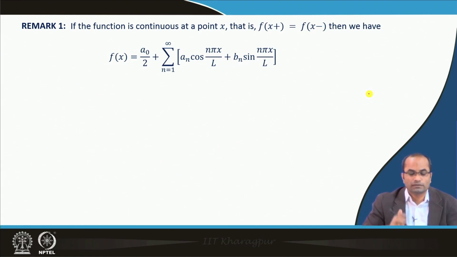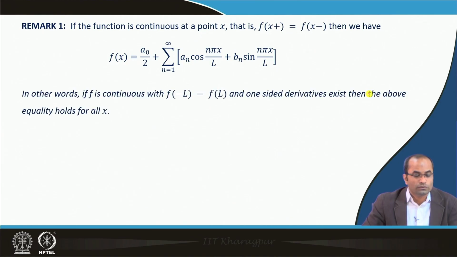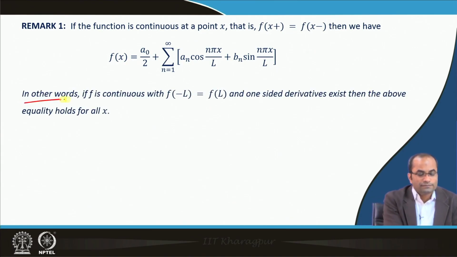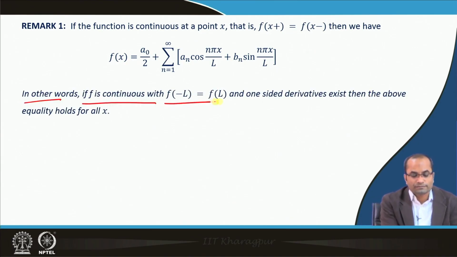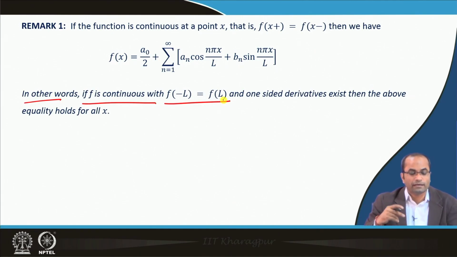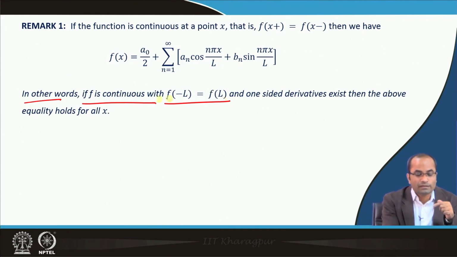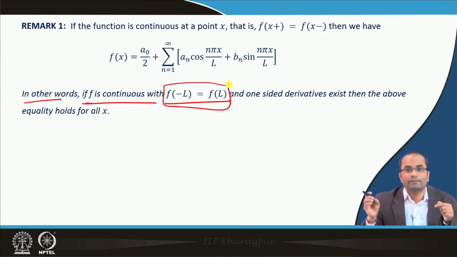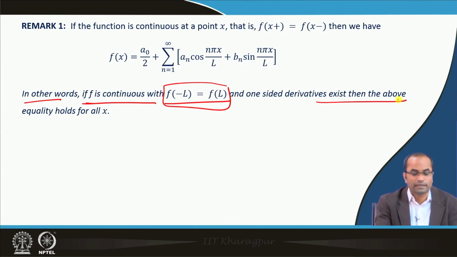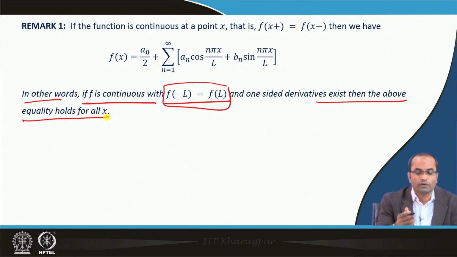That is the important condition, and those are sufficient conditions indeed. So, in other words, if f is continuous completely, that means at the end point also f is continuous and the end points match, then one sided derivatives exist, and the above equality holds for all x.